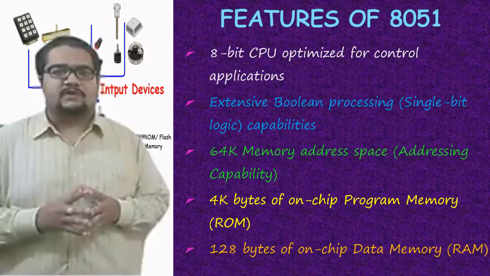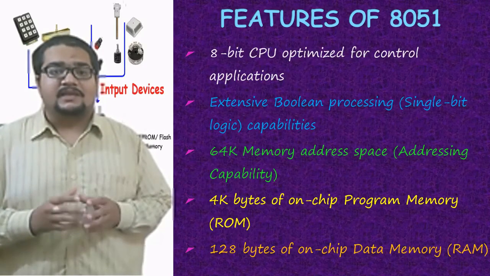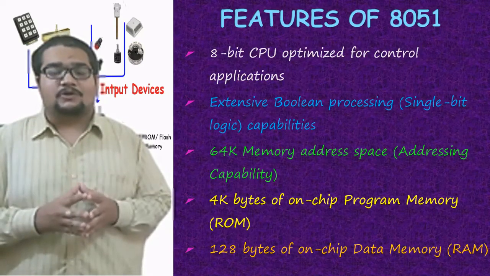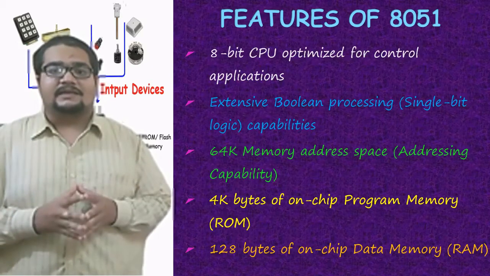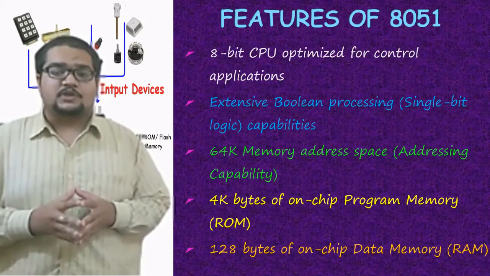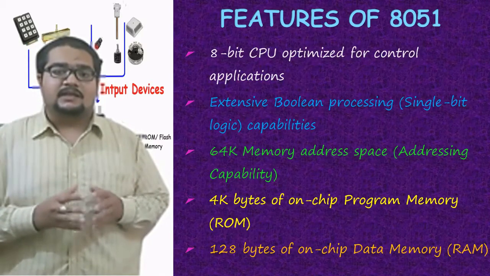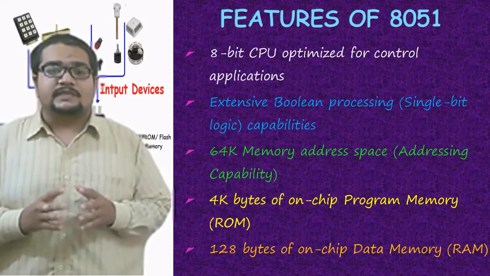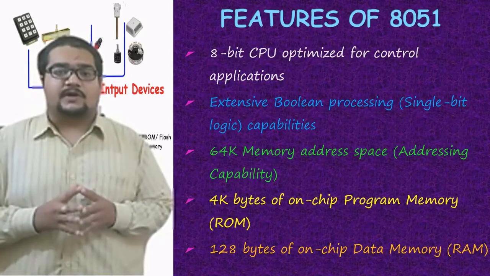It can always work with larger data, but then the data has to be made into packets of 8 bits each, such that the microcontroller can work with each 8-bit packet of the available data. Next, an important feature of the 8051 is that extensive Boolean processing can be done. In the 8086, many operations were byte operations and word operations.